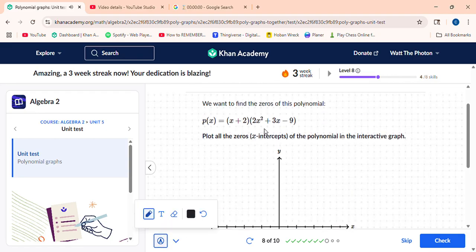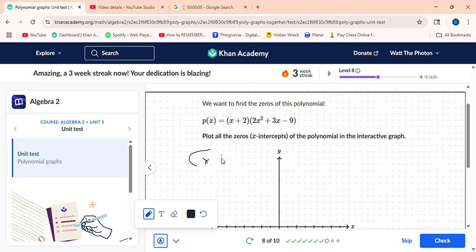Plot the intercepts. Okay, so let's do the math right here. We have x plus 2, does that work? 3 over 2x plus 9 over 2 over 10 over 2.